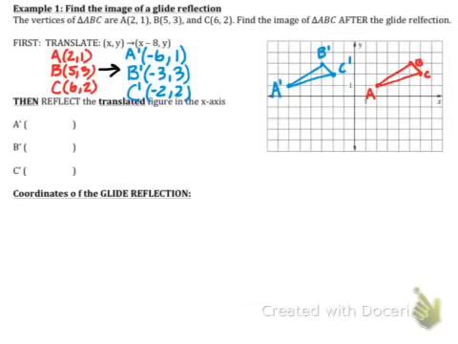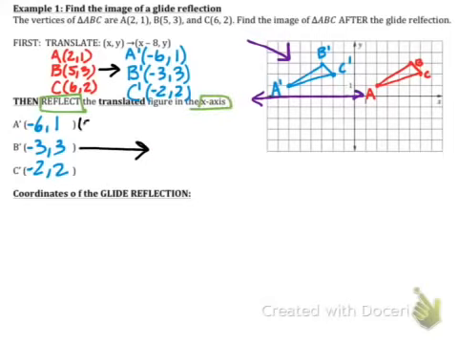Next we have to reflect the translated figure in the x-axis. So our line of reflection is our x-axis right there. I'm going to write down my coordinates and then apply the rule of reflection in the x-axis.